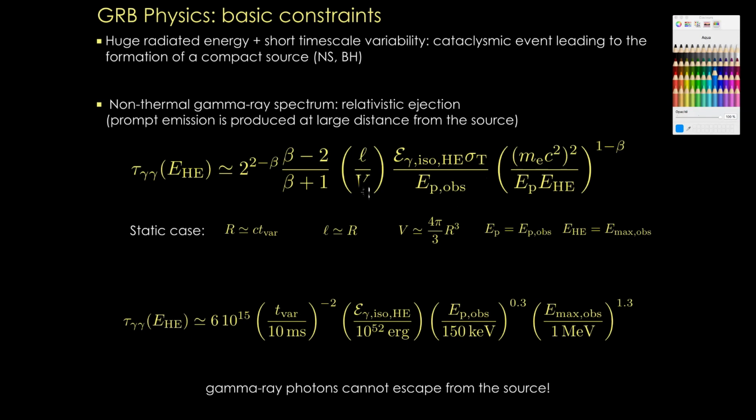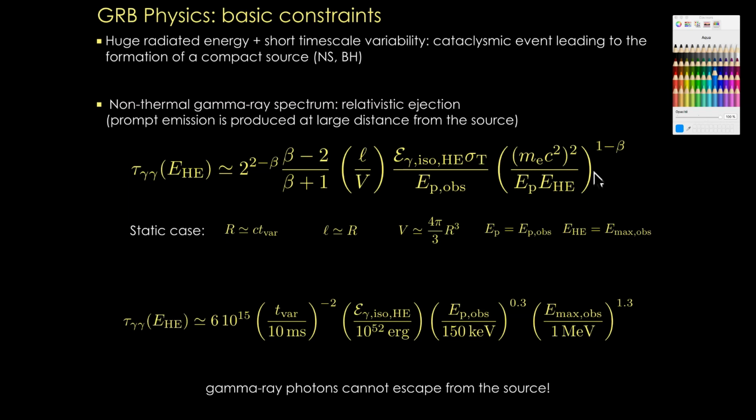Here, it is a geometrical factor, which is the ratio of the size of the region divided by its volume. And here, this is more or less the ratio of the threshold energy divided by the peak energy for a Felson interaction at a certain power, which is due to the shape of the spectrum.